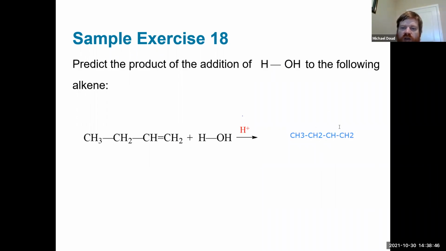And now we're going to distribute an H and an OH to those carbon atoms. The OH group is going to go to the carbon that's bonded to the fewest hydrogens. So this here is bonded to 1 hydrogen. This carbon is bonded to 2. That means that this carbon gets the OH group, and this carbon just gets a hydrogen, like that.